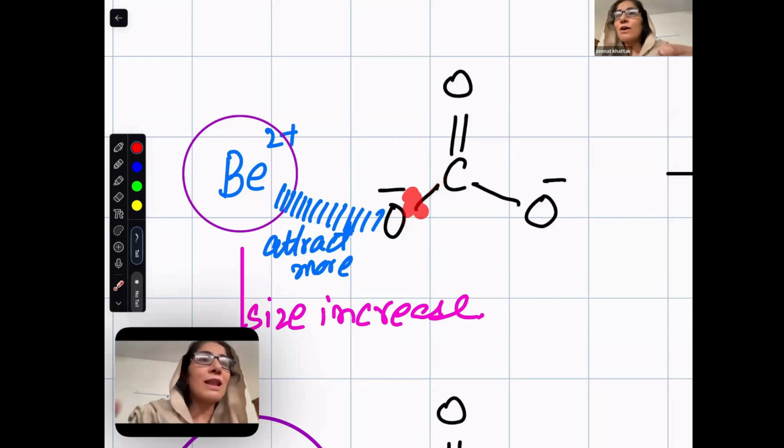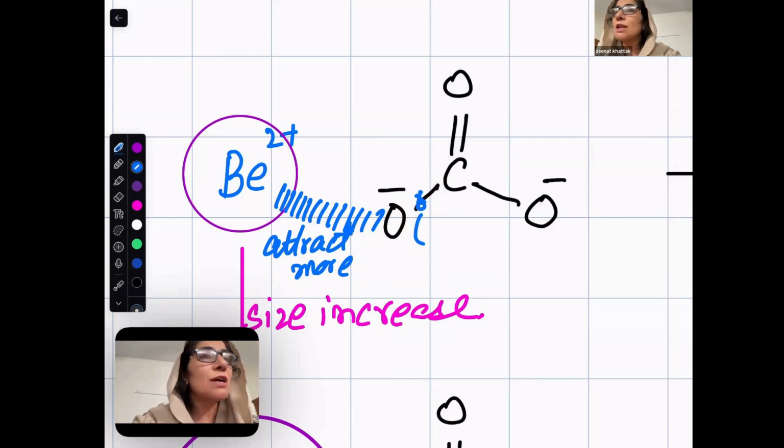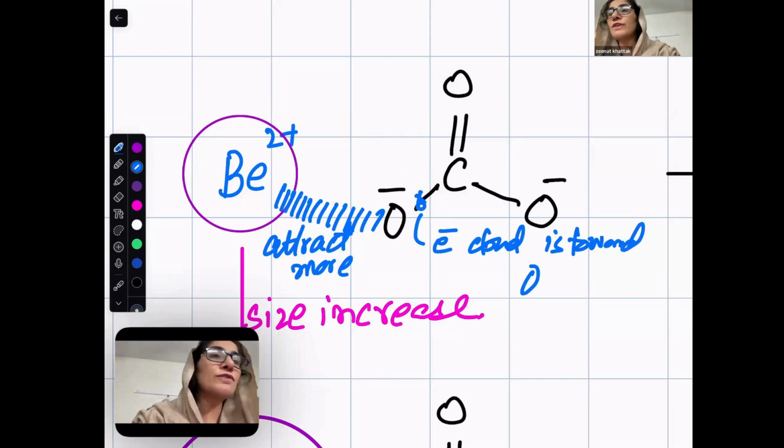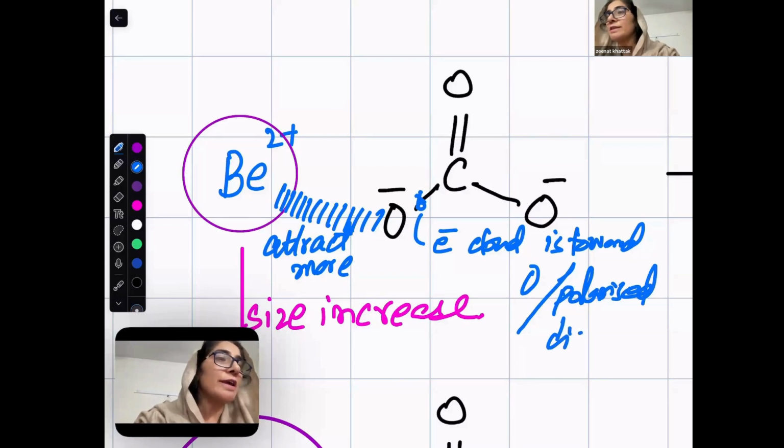The electron cloud is no longer symmetrically distributed. The electron cloud is toward oxygen, polarized, distorted.